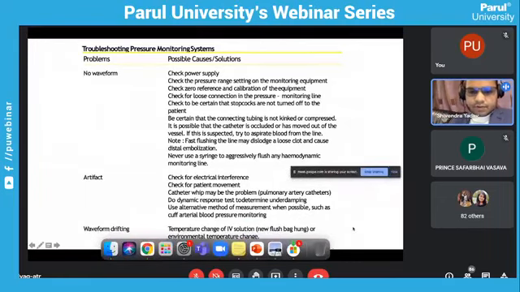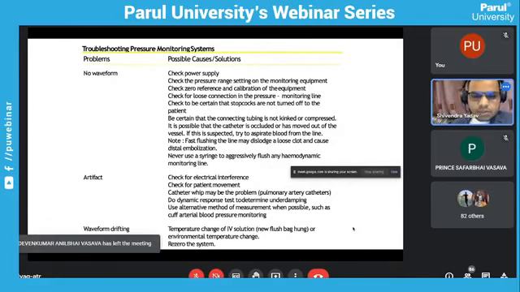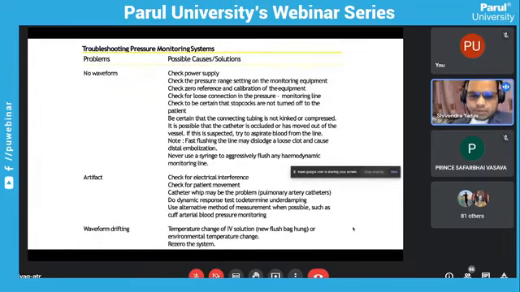Then, waveform drifting. Waveform drift means there is a lot of movement across the pressure. It is going up and then it is going down, up and down. At that time, there can be a temperature change of the IV solution. As I told you, the patient receives a lot of fluids or saline during the procedure.